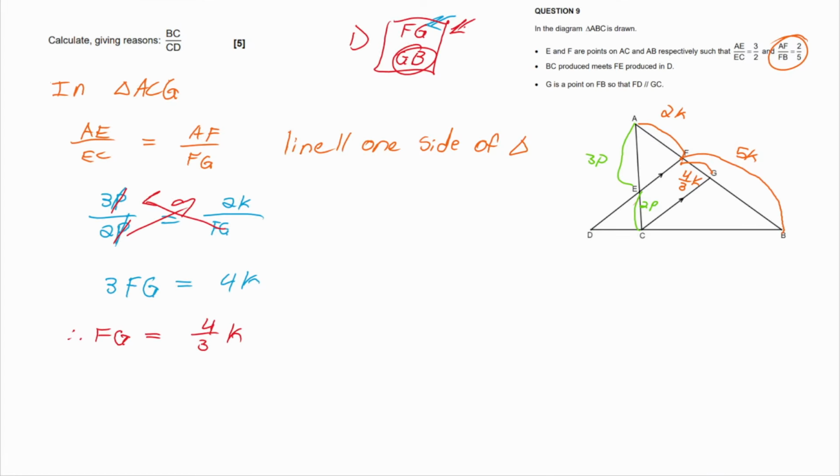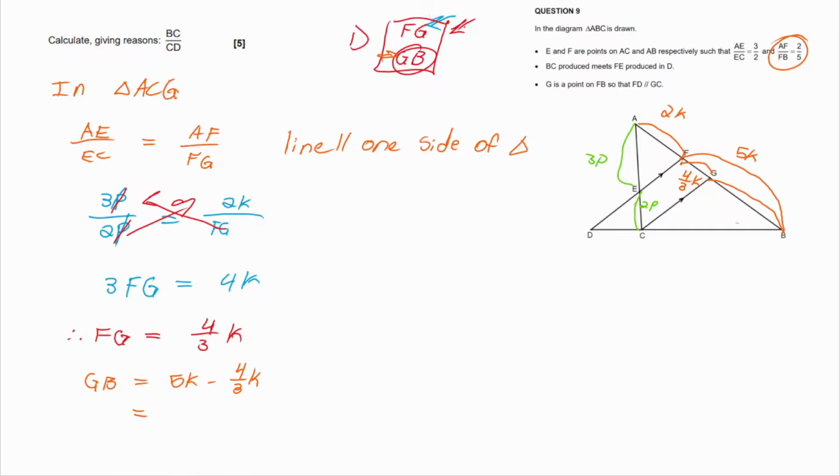Anyways, we're stuck here. I need GB, this thing over here. But that's easy to find, because GB is going to be 5K minus 4 over 3K.